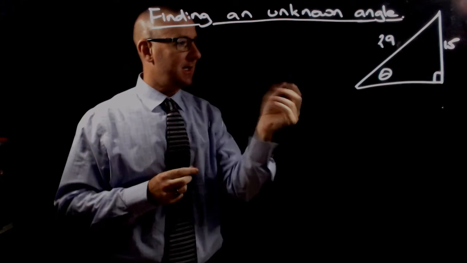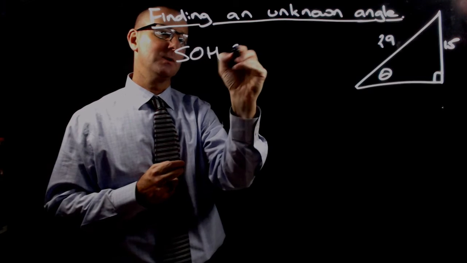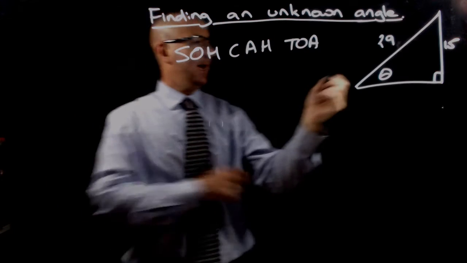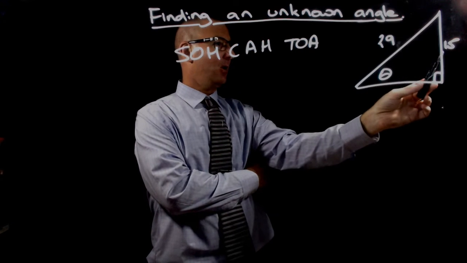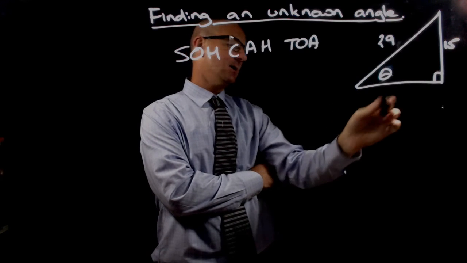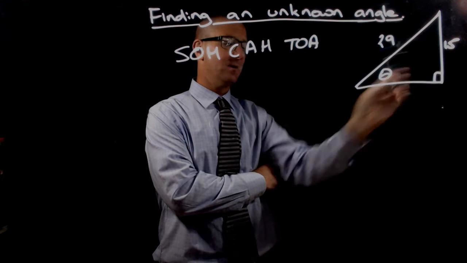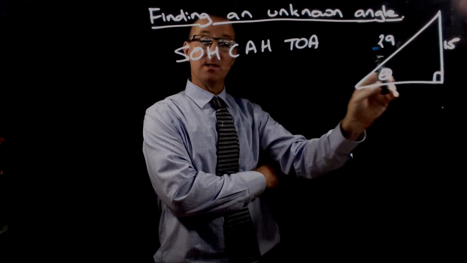So in this case I can have a look at my memory trick, SOH CAH TOA. Here's my angle theta, and I know the opposite side and I know the hypotenuse. Remember, the side that's opposite it is 15, and I know the long side, which is opposite the right angle, as 29.